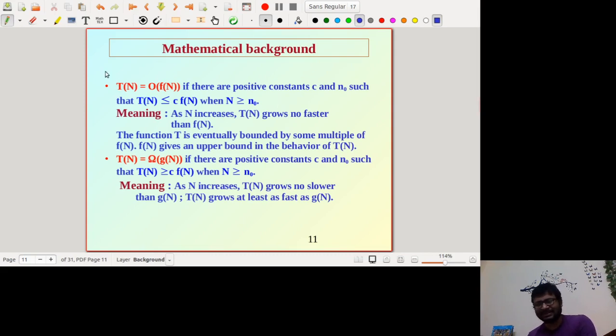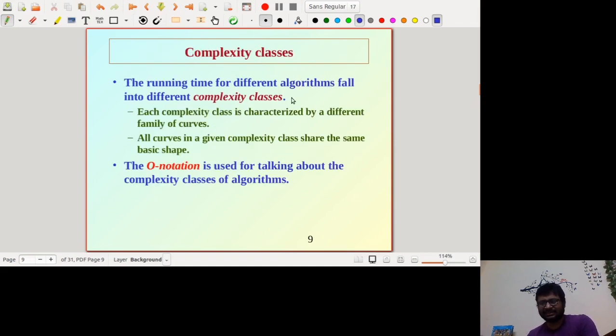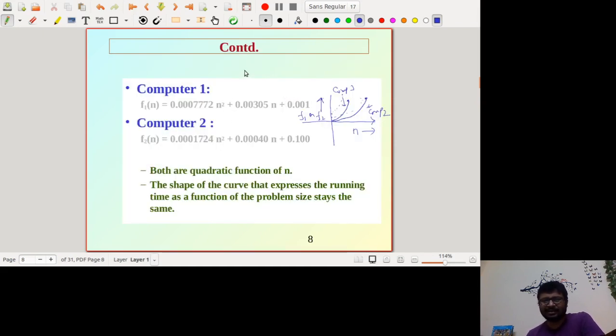So in this example, let's look at F1. You will be able to prove formally, I leave it to you, that F1(n) is less than or equal to, let's put a constant which is slightly bigger than this, 0.001 n square for all large enough n.